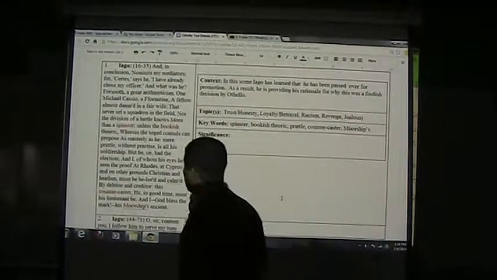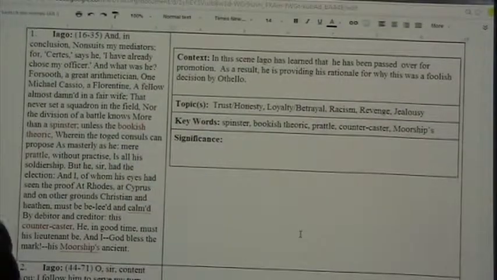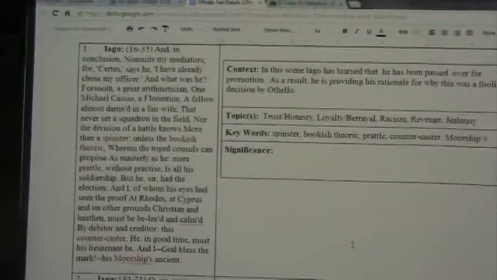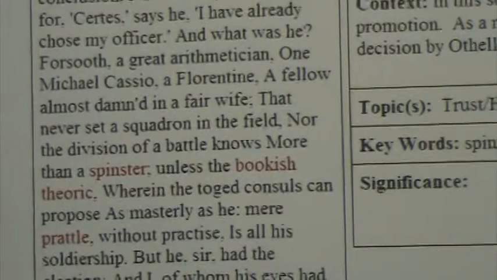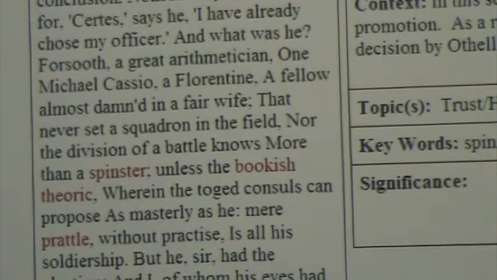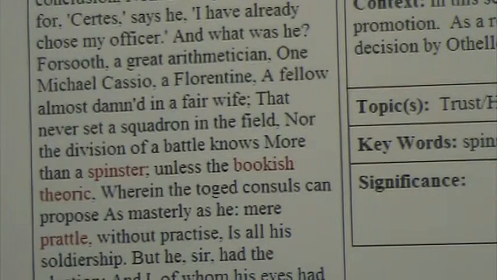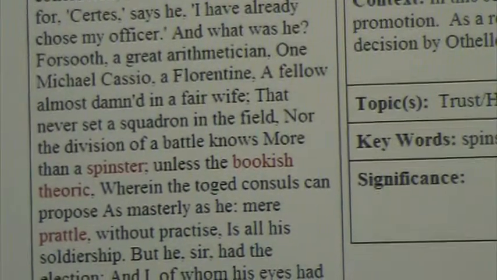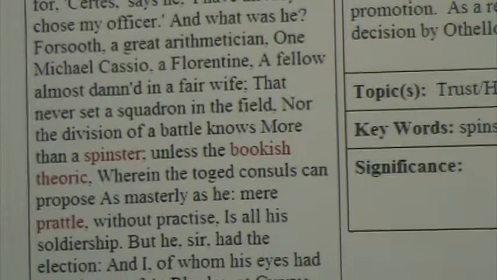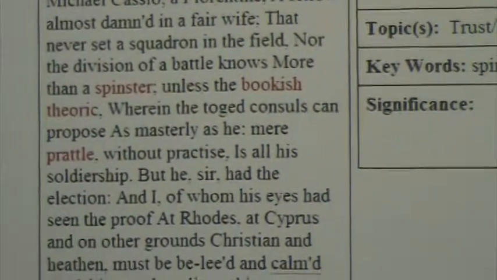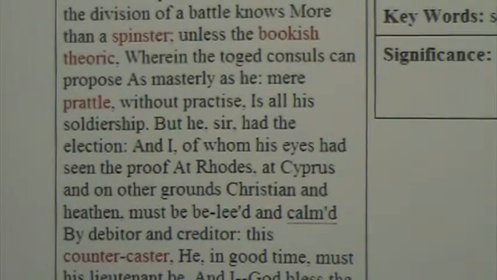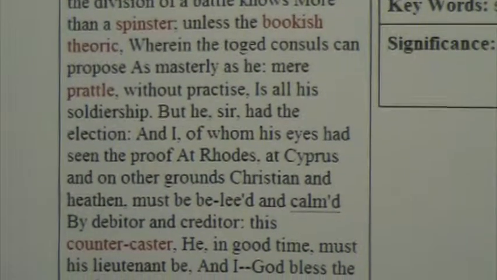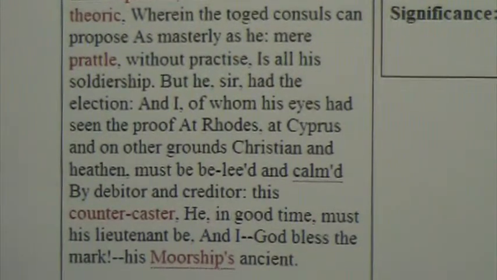Okay. So the first one we're looking at is a passage by Iago. Okay, in the text, it's lines 16 through 35. It states, "And in conclusion, non-suits, my mediators, for certes, he says, I have already chose my officer. And what was he? Forsooth, a great arithmetician? One Michael Cassio, a Florentine? A fellow almost damned in a fair wife, that never set a squadron in the field, nor division of a battle knows more than a spinster, unless the bookish Theric, wherein the taught consuls can propose as masterly as he, mere prattle without practice, is all his soldiership.